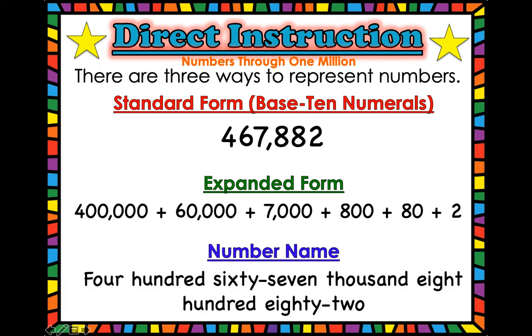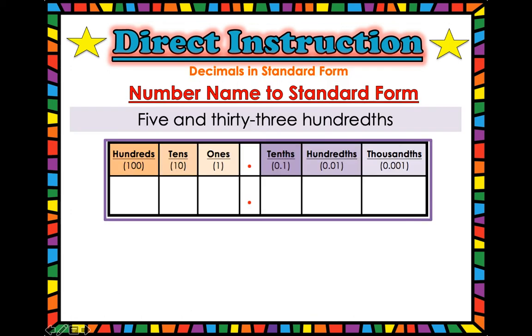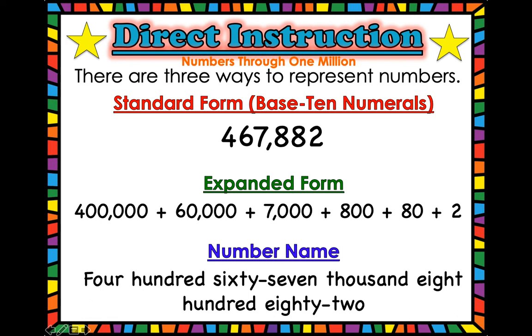And we have the number name, or the written or the word form, 467,882. One thing I want to say, with the standard form, we're using the digits. We're using the 4, the 6, the 7, and so on and so forth to represent the number.